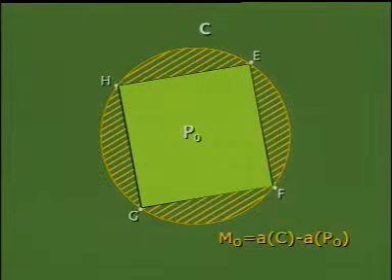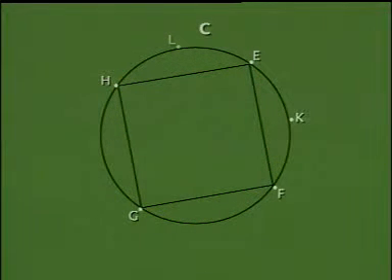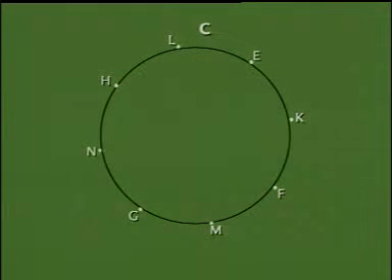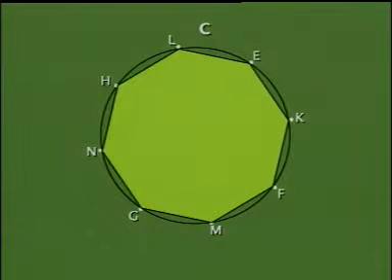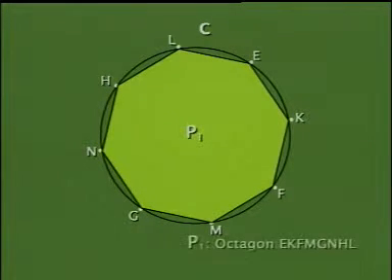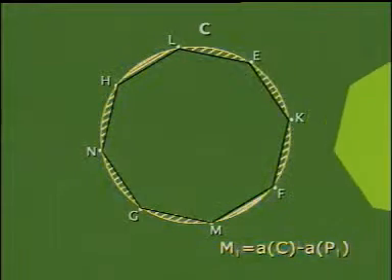We may write M0 for the difference between the areas of circle C and square P0. Next, we double the number of sides of P0 and obtain a regular octagon P1 inscribed in C. Let's write M1 for the leftover area of circle C which remains unfilled by the polygon P1.